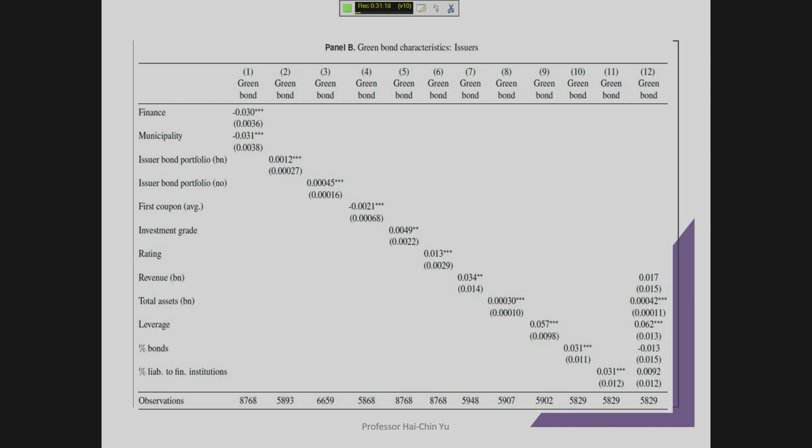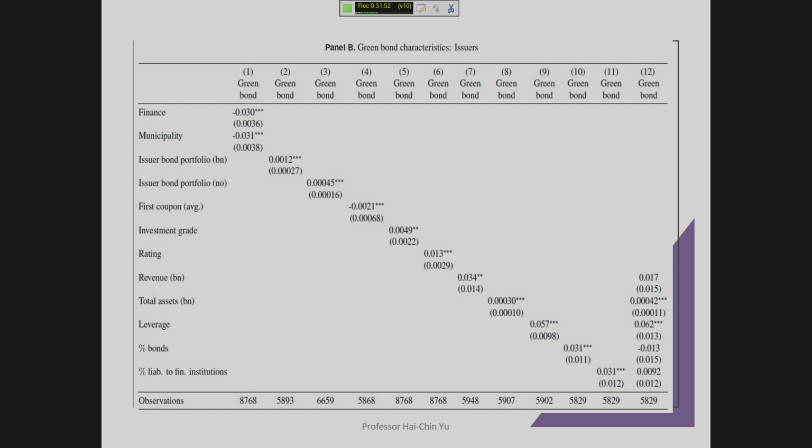So this is the green bond characteristic about the issuance. Very similar results. So lower coupon is negative. And if you have a higher ranking or higher investment grade, there are 2 grades. Better than B belongs to investment grade, or otherwise belongs to junk grade.